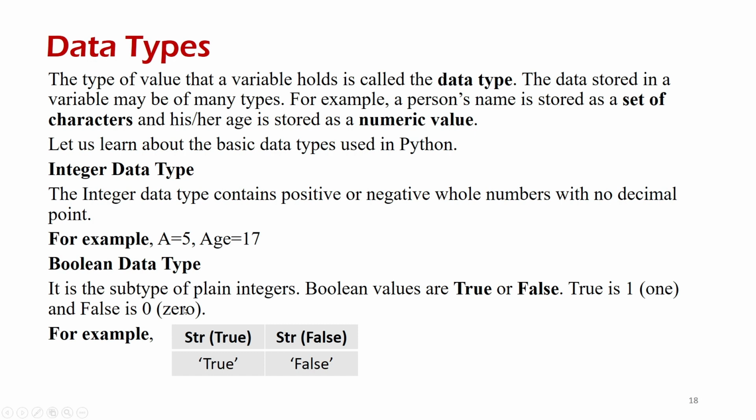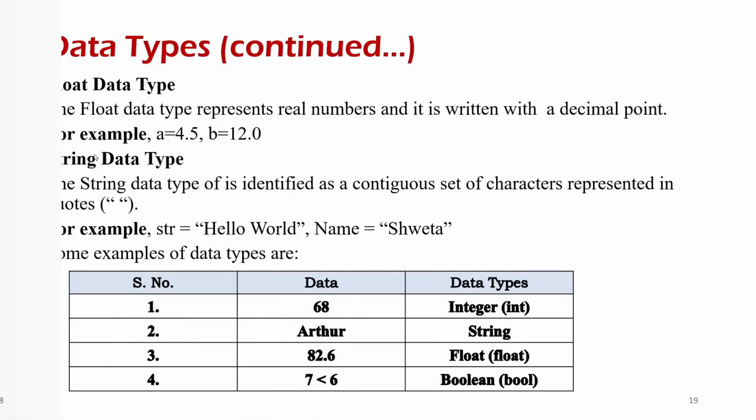It is a subtype of plain integers. Boolean values are True or False. True is 1 and False is 0.